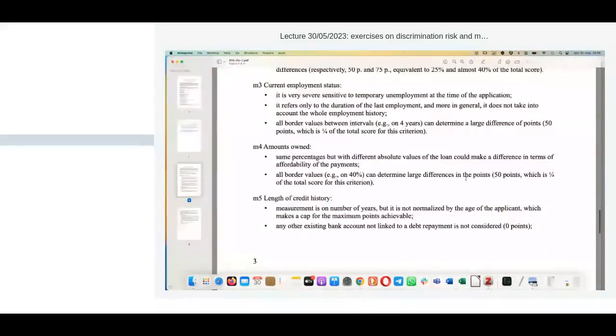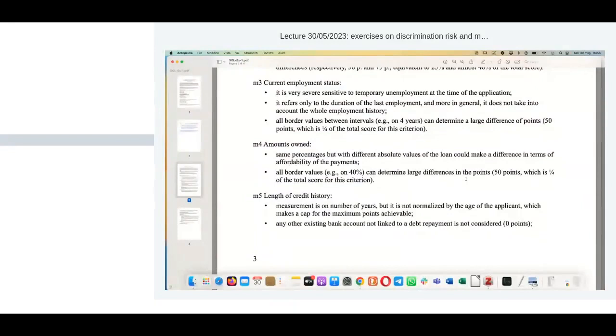Then current employment status: it doesn't take into consideration the total amount of employment, only the last employment and how long it lasted. So it is very limited as an indicator. As a consequence, it's very sensitive and severe towards temporary unemployment.